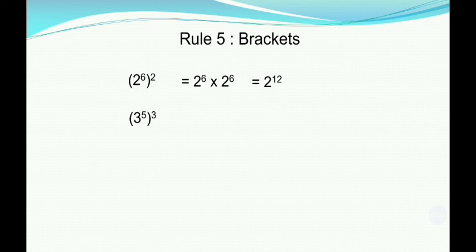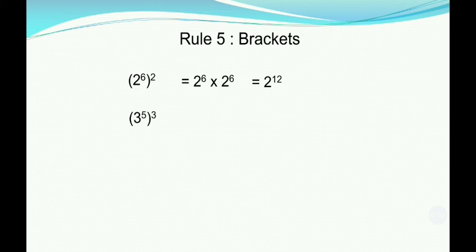There is one more method to solve this. Instead of writing 2 to the power of 6 into 2 to the power of 6, you can simply multiply the powers 6 into 2. You will directly get 6 2s are 12, that is equal to 2 to the power of 12.